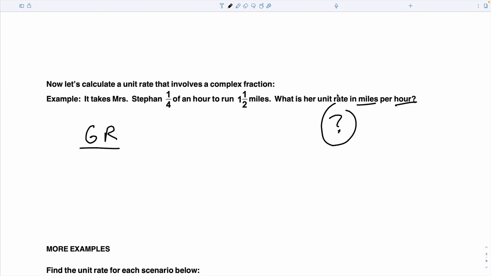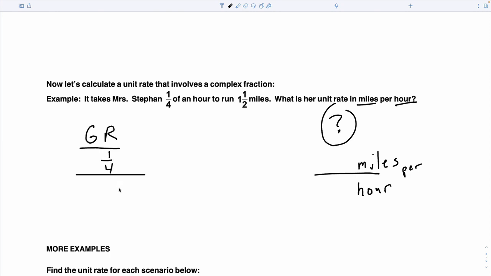I'm going to start at the answer, and I want my answer to be miles per hour. The setup of this is the trickiest part, because when I go to my given rate and I plug in numbers, 1/4 on the top is wrong.